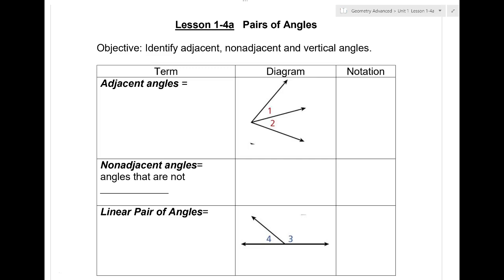So we're going to use the same idea when we're talking about angles. So here's where we're going to go. Let's write it down and then we'll talk more about it. So adjacent angles, what does that mean?